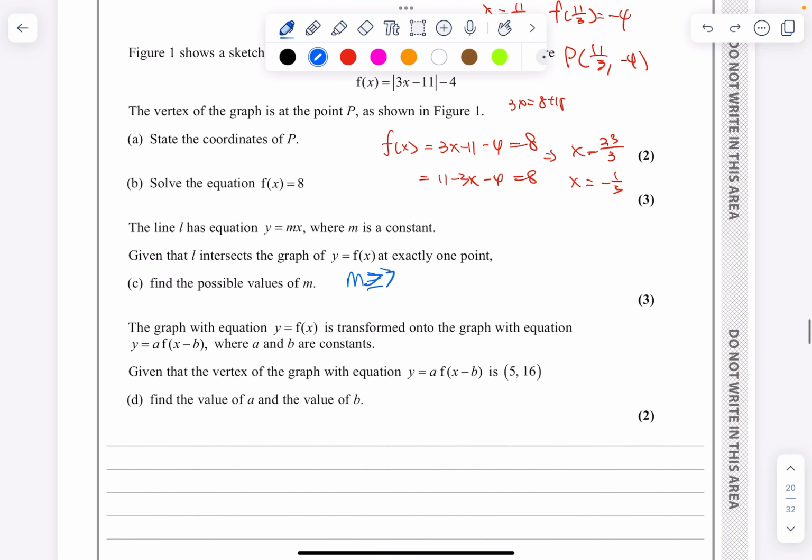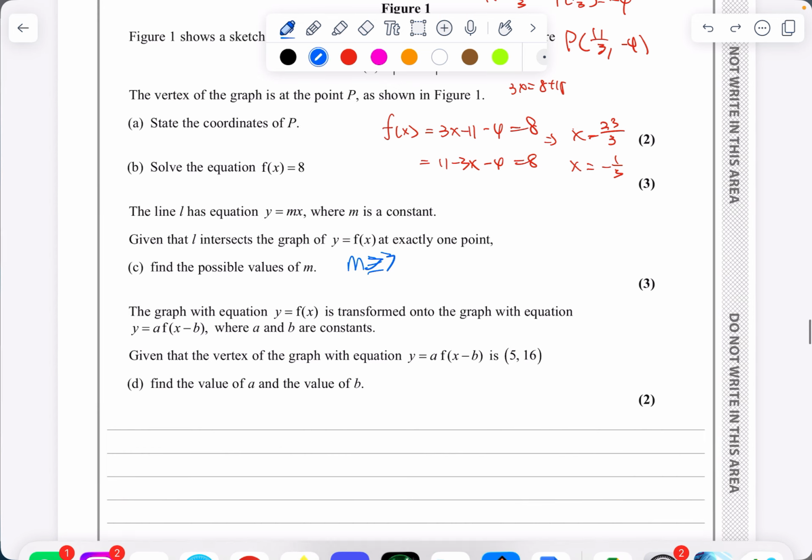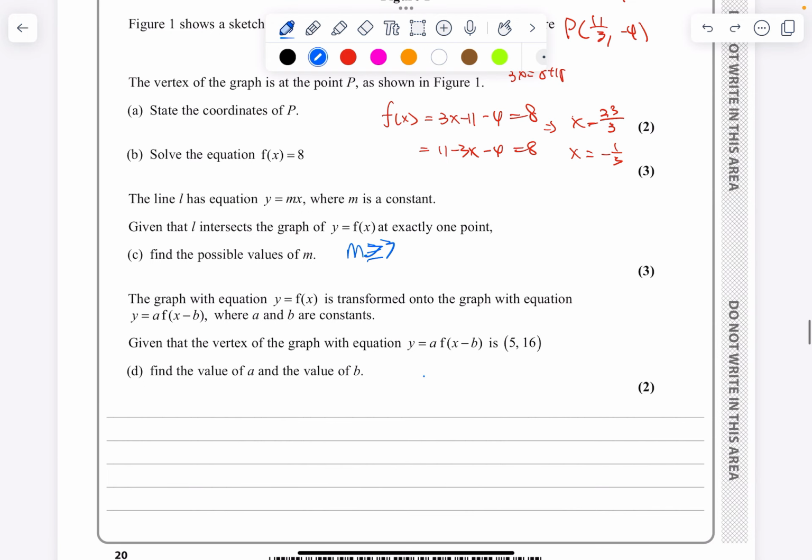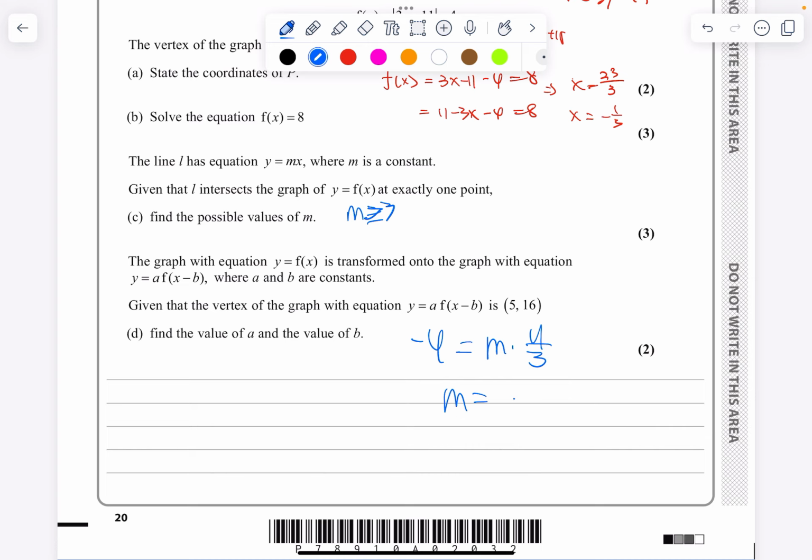So let's plug that. That means the line must have P on it, right? So that means -4 equals m times 11 over 3. So that means m equals -12 over 11. This is the second case. This is the second solution. Okay.